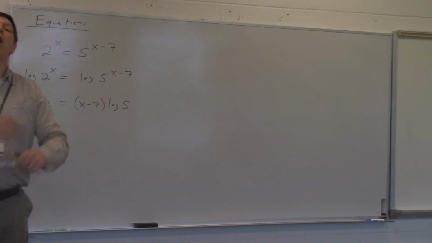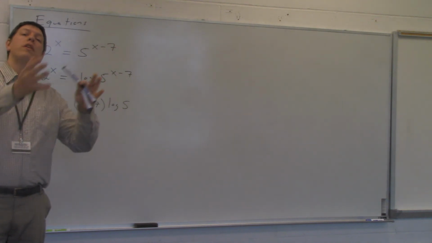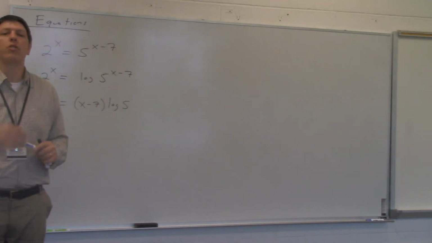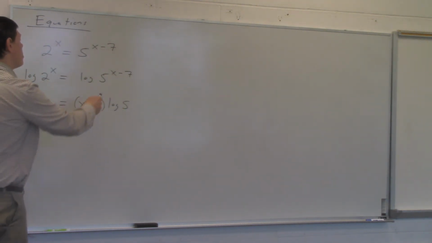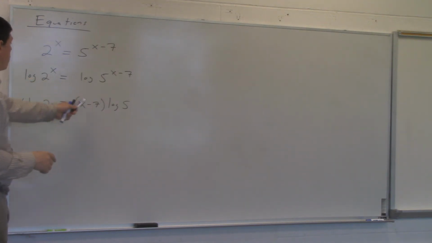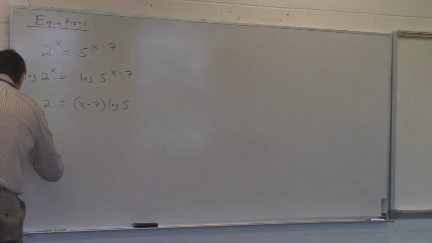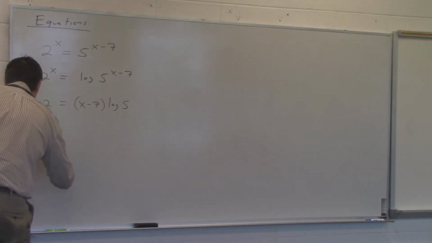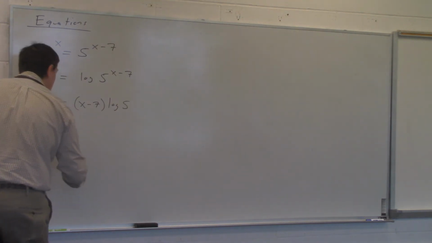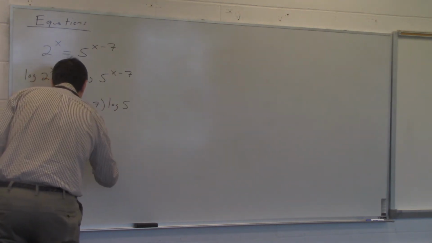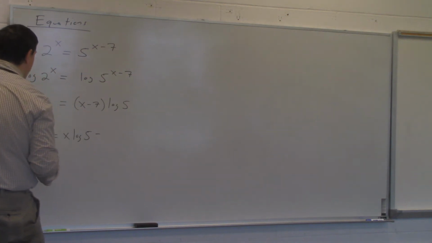Okay? Here's how we take care of it. We're going to get all the x's to one side, everything else to the other side. So I'm going to distribute log 5 to both of the terms. So I get x log 2 equals x log 5 minus 7 log 5.